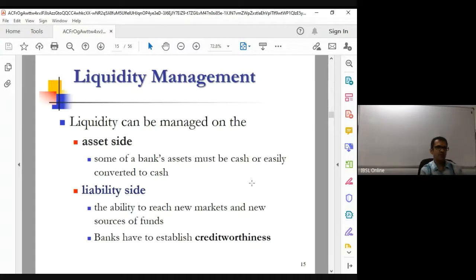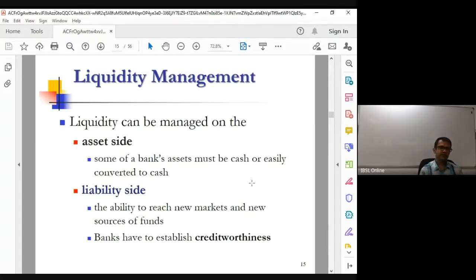So I don't think any bank strictly uses liquidity management on only the asset side or only the liability side. It may be a mix of both, depending on your views and requirements, the size of your requirements, or the size of your balance sheet. What is your call on the market? That means whether you think interest rates will increase or decrease.